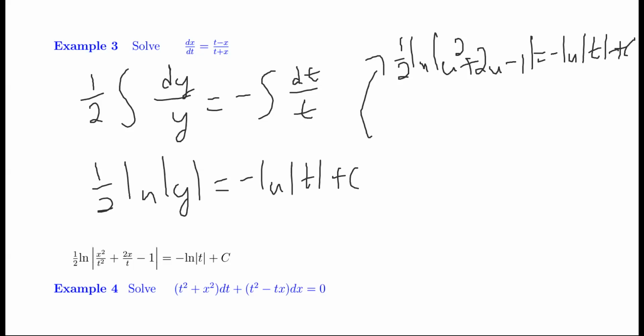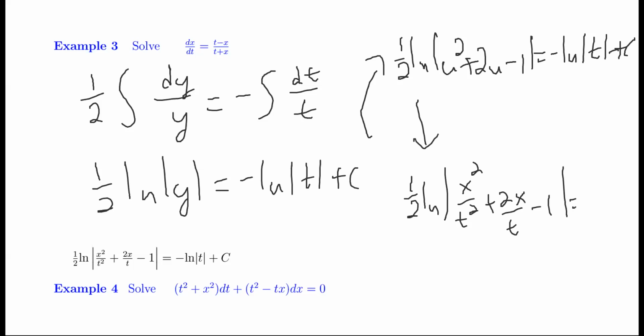But u was x over t. And so we rewrite this then as 1/2 ln of x squared over t squared plus 2x over t minus 1 is equal to negative ln of t plus c. And this is our solution.